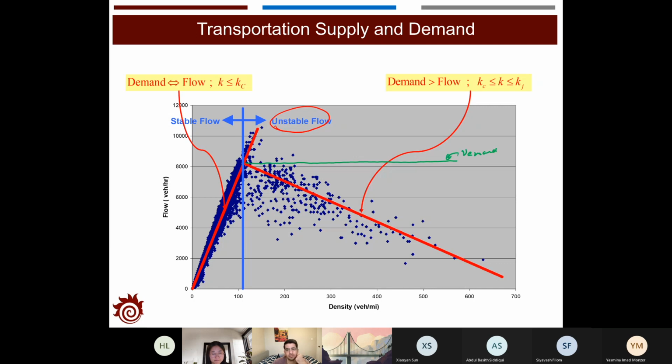So this is the general case. Of course, there will be some specific theories which may have their own definitions of demand, but this is the general case that we're going to use to define the demand. In the non-congested case, it's just the flow. In the congested case, it's higher than the flow, and in most cases, it's set as the capacity.